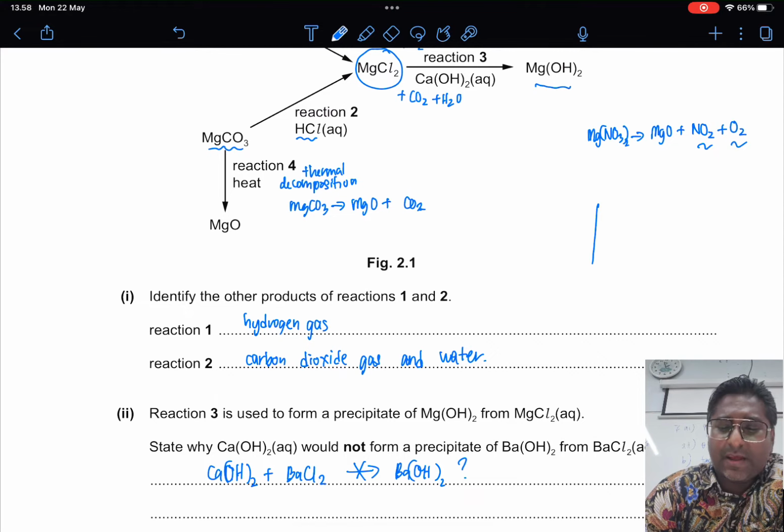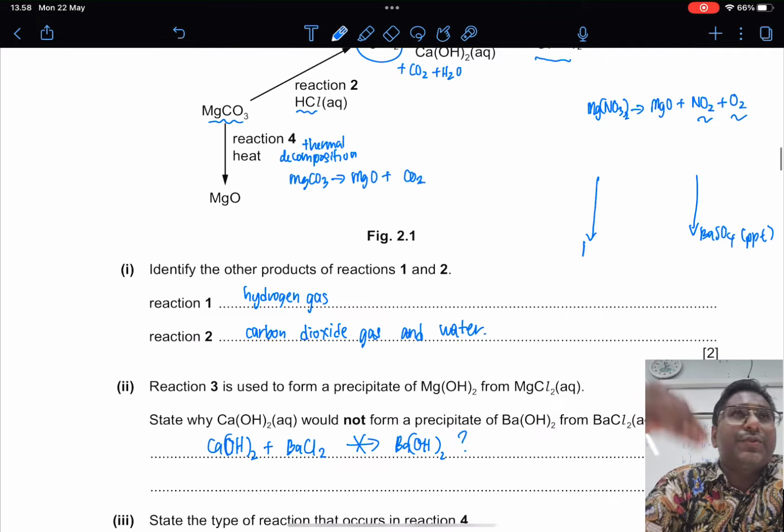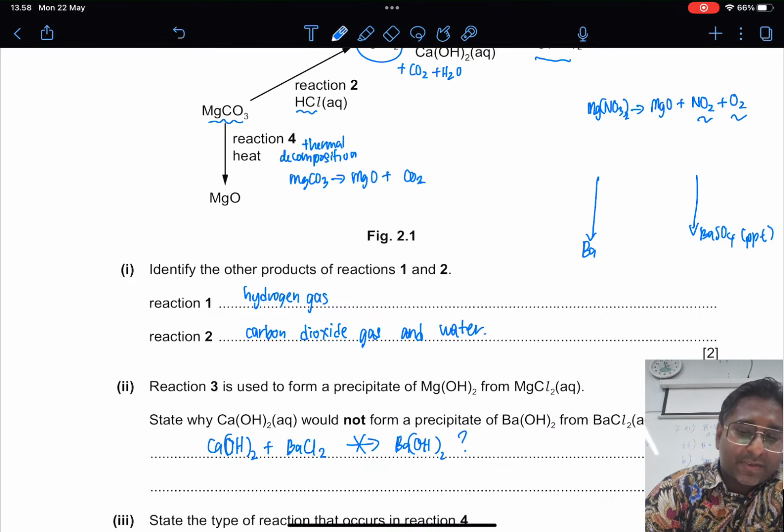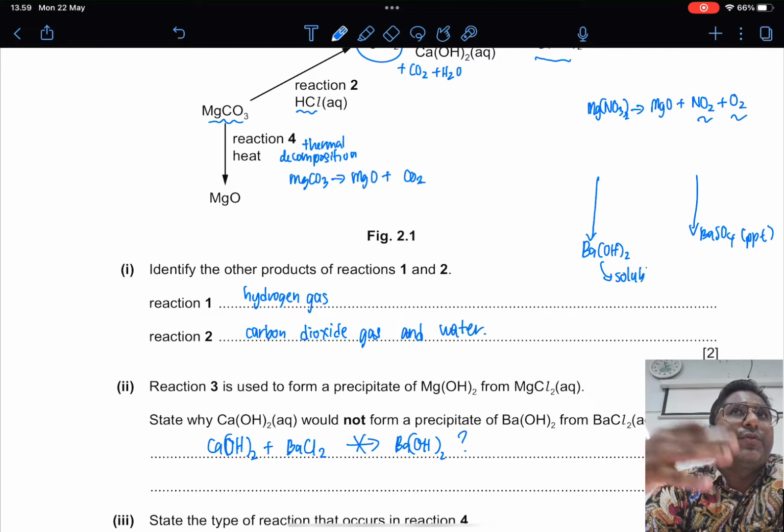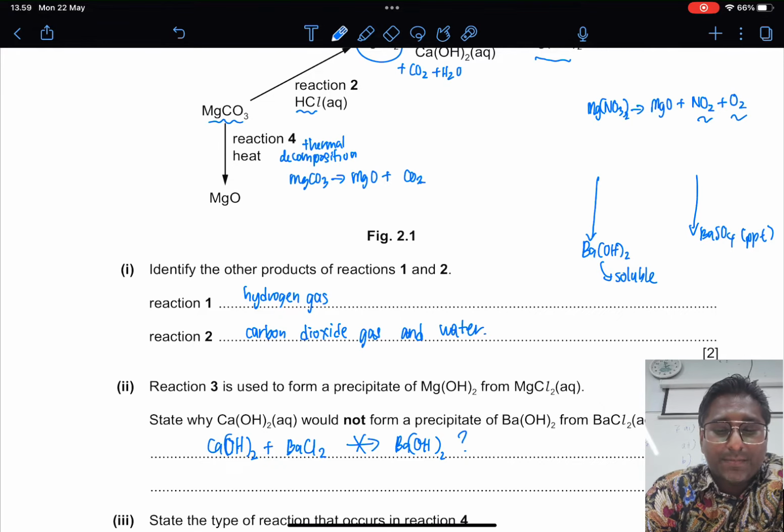If you look at hydroxides, when you go down, we know barium sulfate, if sulfate, barium sulfate precipitate will be formed. But if you go down group 2, barium hydroxide is going to be soluble. So hydroxides of group 2 going down the group are soluble. So in this case, you will get a soluble salt of barium hydroxide rather than a precipitate.